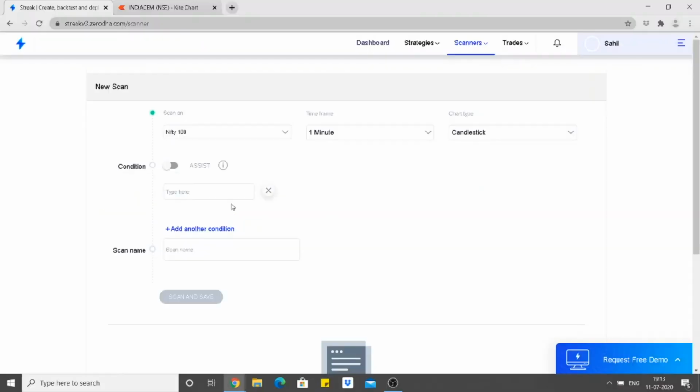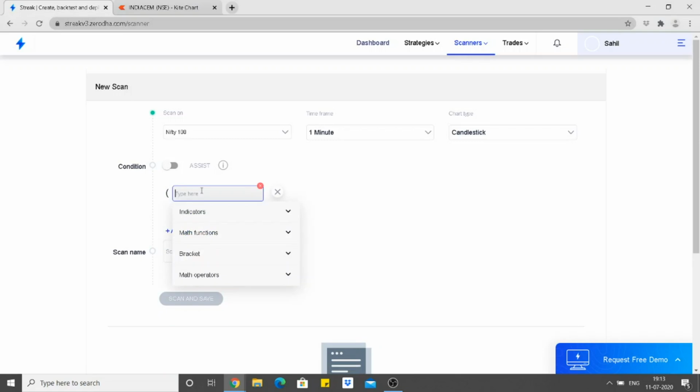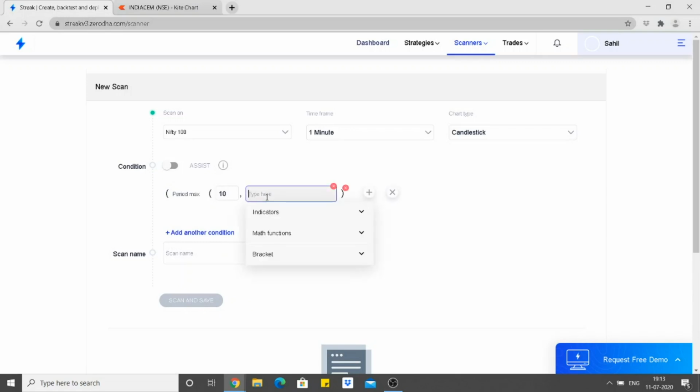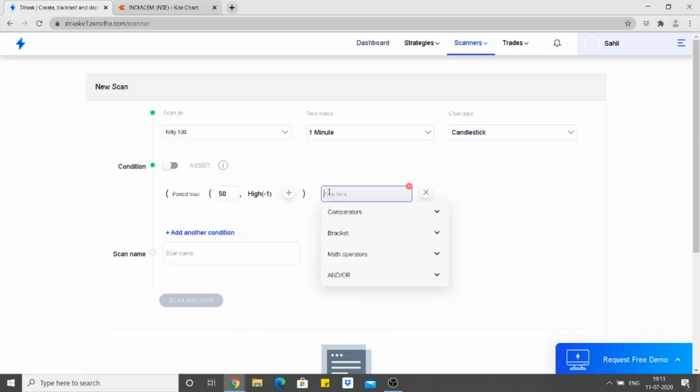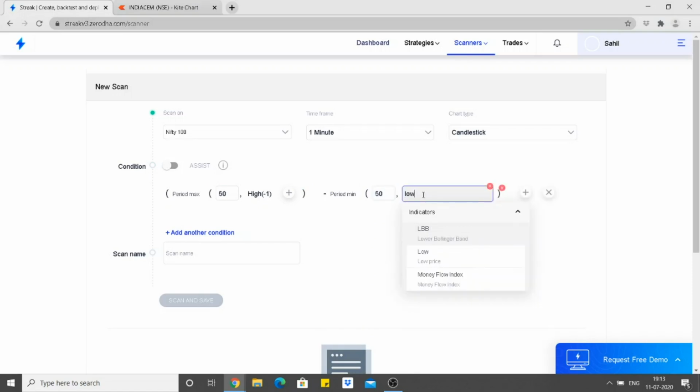Okay. So my first condition is going to be using period max. Okay, wait, we will first have to put a bracket over here since we are subtracting and then calculating a percentage. So period max high, and we want this for the past 50 periods, minus period min 50 low.